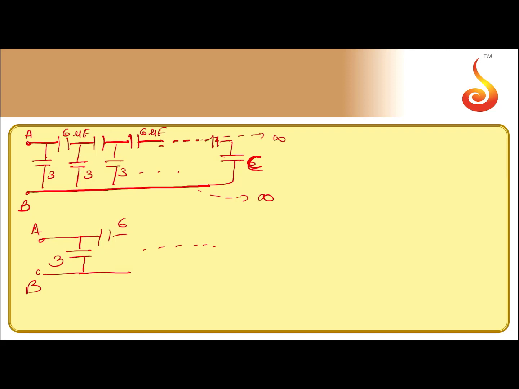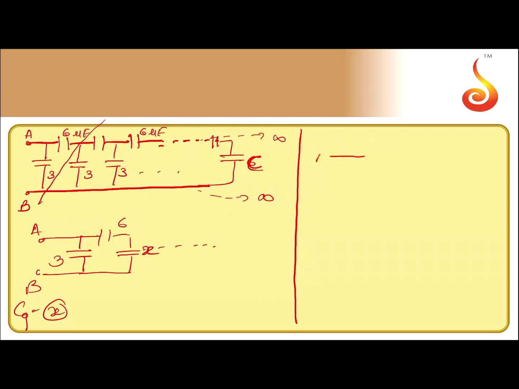Suppose the equivalent capacitance is X. Then I can retain this part and the rest of the segment can be replaced by its equivalent capacitance. On what basis? It is simple, because it is an infinite ladder network, whether you remove one segment or add one segment does not matter. So I am removing the first segment and the rest of the segment looks like the original one.